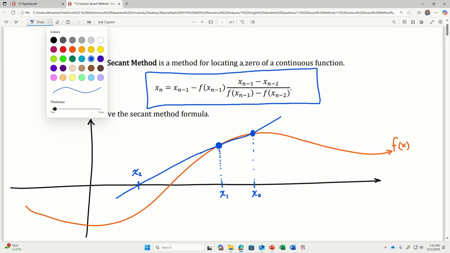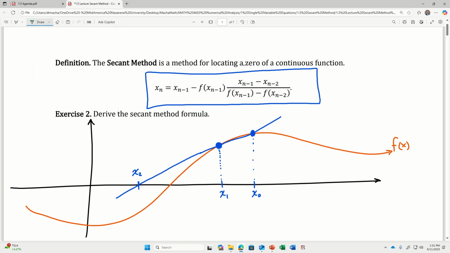And then between x1 and x2, I'm going to evaluate the function here at x2, find that point, and then I'll have to draw a straight line between this point at x2 and this point at x1, and I know that's not straight.